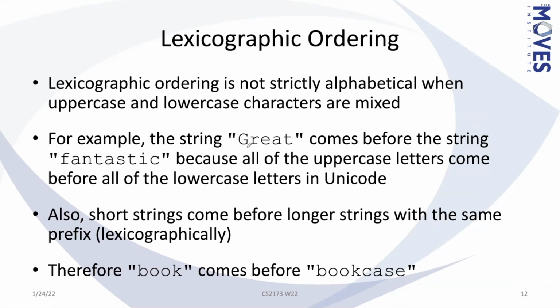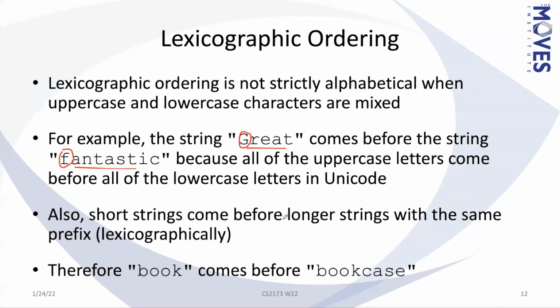So, for example, Great comes before fantastic because it looks character by character. So it looks at G compared to f, and it says, I got one. G is less than f. Why? Because all uppercase letters come before all lowercase letters.